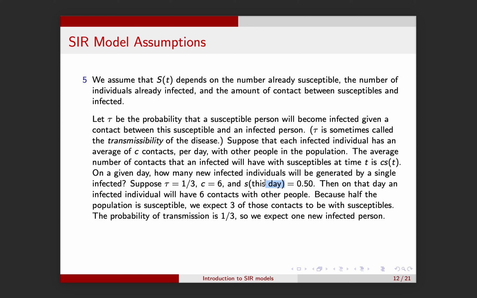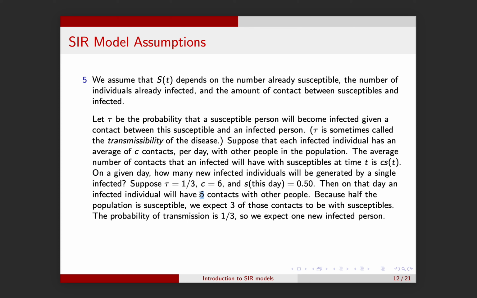Okay, so on that day, an infected person bumps into 6 other people. Because half of the population is susceptible, 3 of those contacts are with susceptibles. So in other words, of these 6 contacts, this sick person might be bumping into sick people, might be bumping into recovered people. Those contacts don't matter in terms of disease spread. What matters in terms of disease spread is bumping into susceptible people.